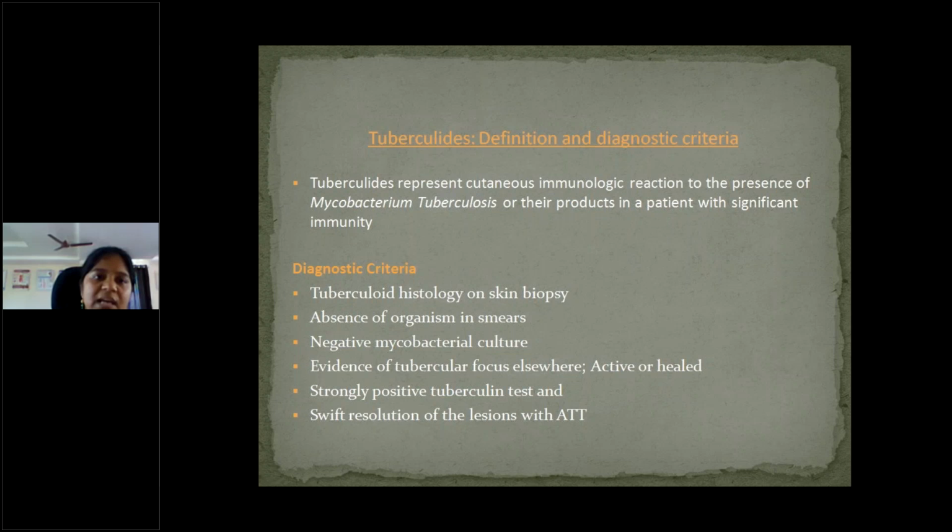They have good immunity, so that's why there will be an immunological reaction. The diagnostic criteria are tuberculoid histology on skin biopsy, absence of organisms, smears should not contain organisms, negative mycobacterium culture from the lesion, evidence of a tubercular focus elsewhere, active or healed, a strongly positive tuberculin test, and swift resolution with starting ATT.